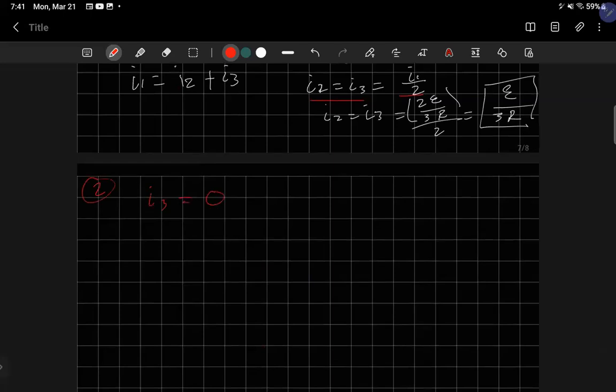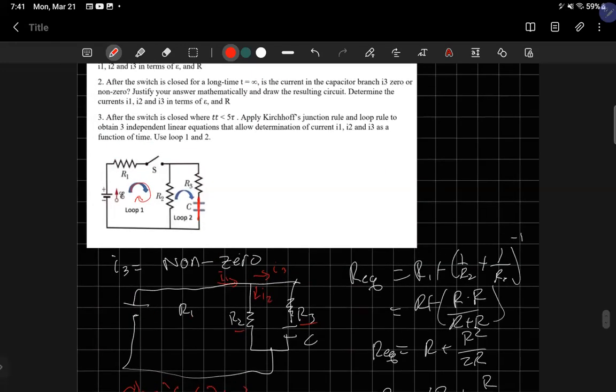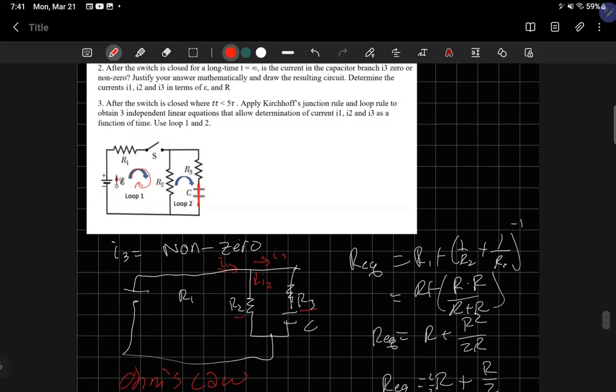I3 will be 0, and that's because the capacitor will be fully charged by now, and then the current in the capacitor will just be 0.